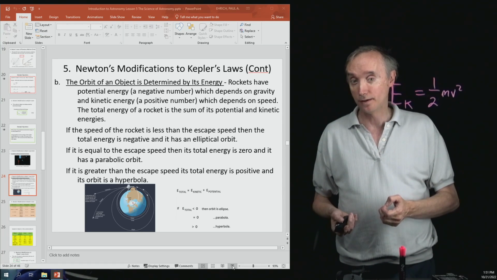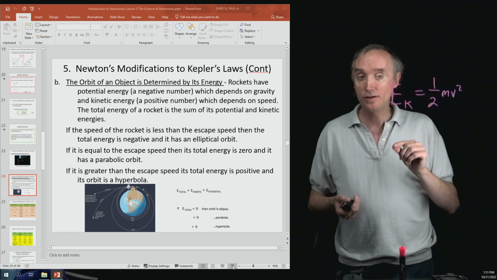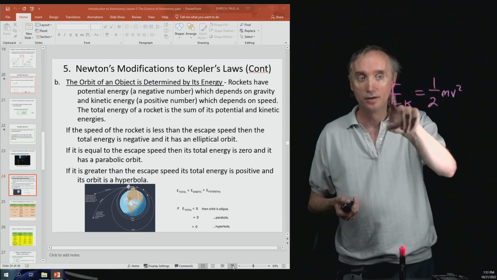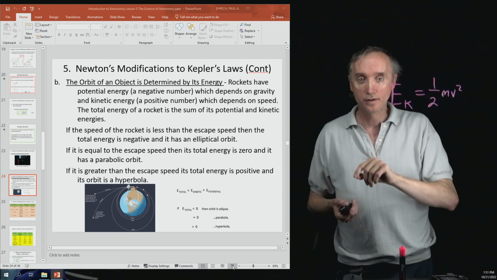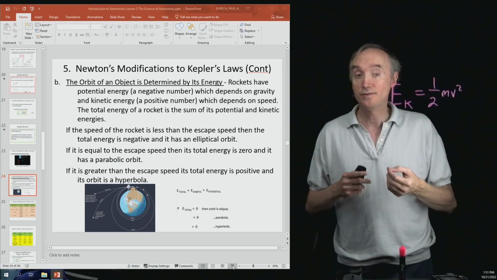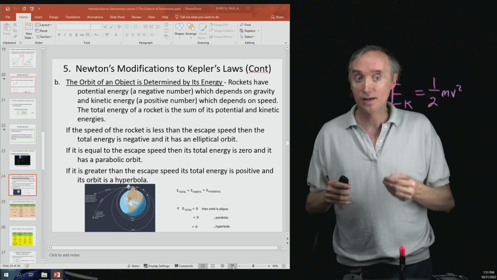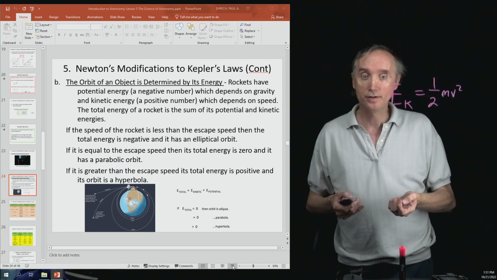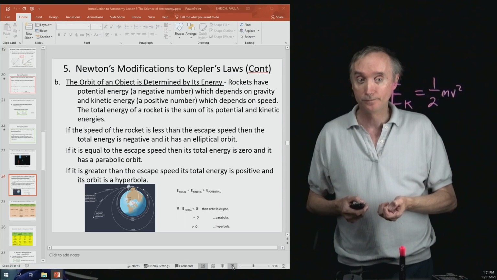If, on the other hand, the speed is just right so that the kinetic energy equals the potential energy, then when you add them together you get 0, and it escapes. It has escape velocity, and that orbit is called a parabola.